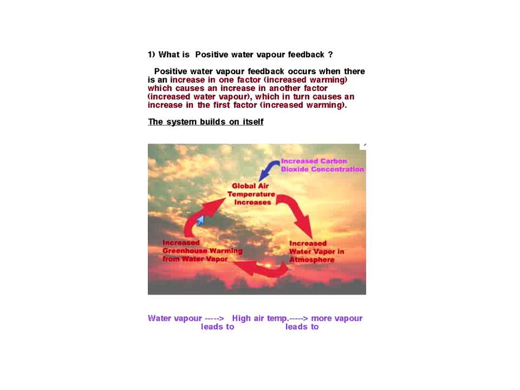So the reason why this is a positive system that feeds on itself is that you have this water vapor and it traps the heat in the atmosphere. So the temperatures go up, and because the temperature goes up, warm air is able to hold more heat.